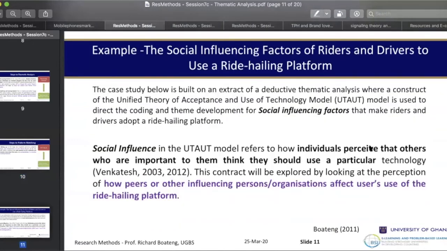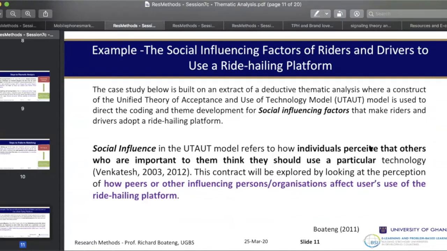Looking at social influencing factors of riders and drivers to use a ride-hailing platform. The case study below is built on an extract of a deductive thematic analysis where a construct of the unified theory of acceptance and use of technology model is used to direct the coding and theme development for influencing factors that make riders and drivers adopt a ride-hailing platform.